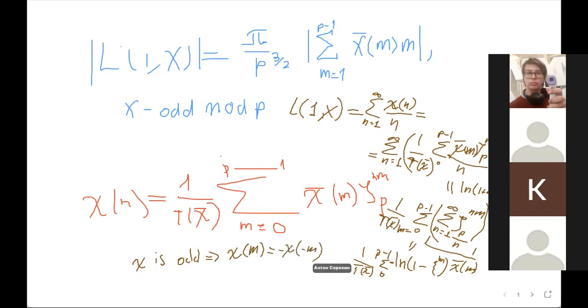So instead of minus m, we can write minus chi of p minus m. Maybe something will cancel down here.